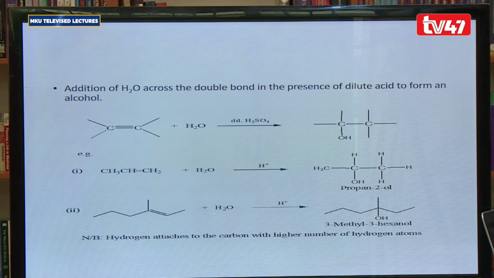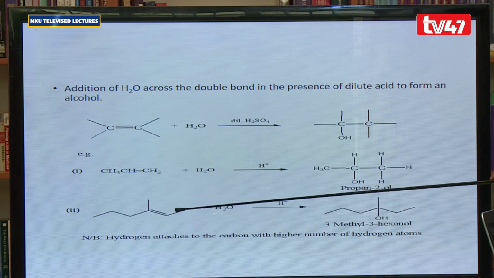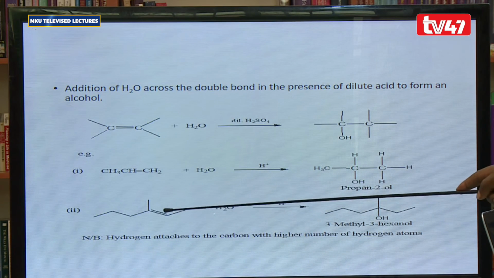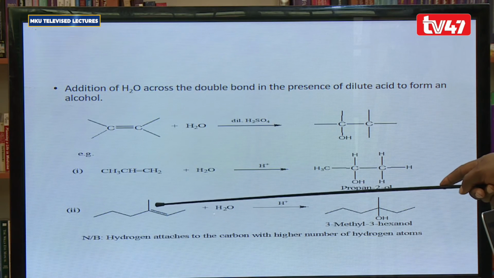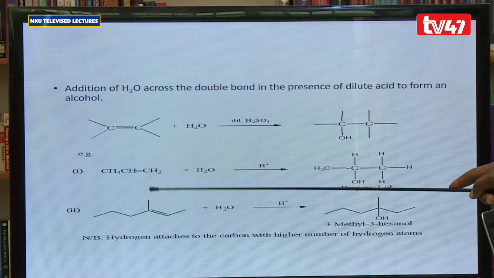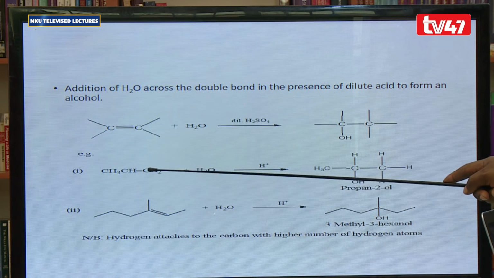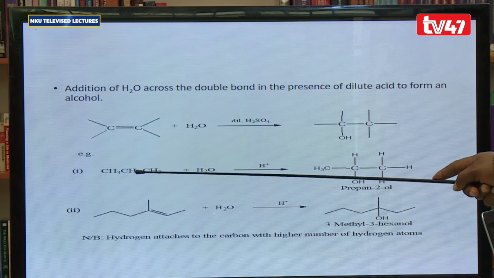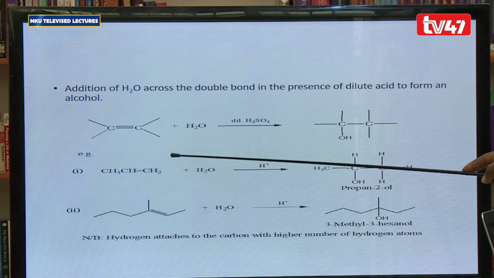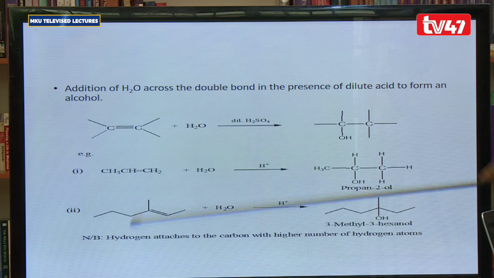So, for example, if you look at a molecule like this one, you have propene. Carbon number 1 has 2 hydrogens. Carbon number 2 has only 1 hydrogen.